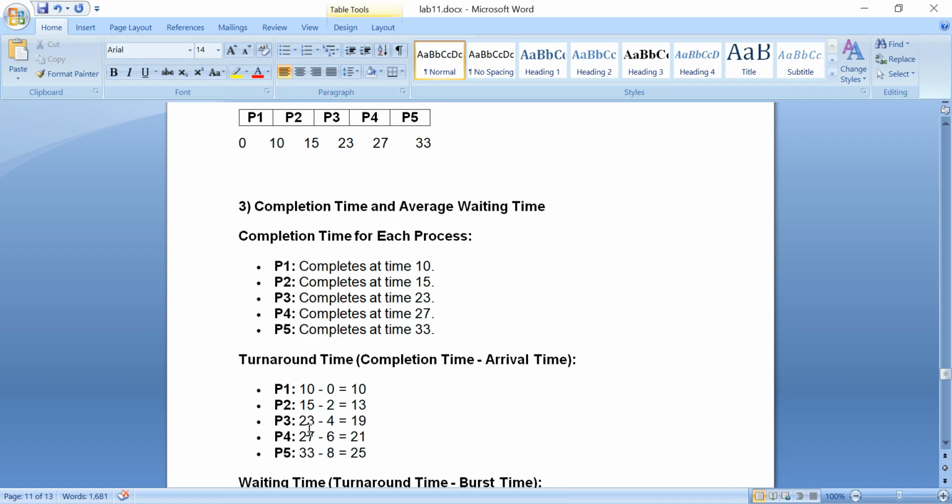P3 completes at 23 and arrives at 4, so the turnaround time is 19. Then P4 completes at 27, arrives at 6, and the turnaround time is 21. Again P5 completes at 33, and its arrival time is 8, so it takes 25.